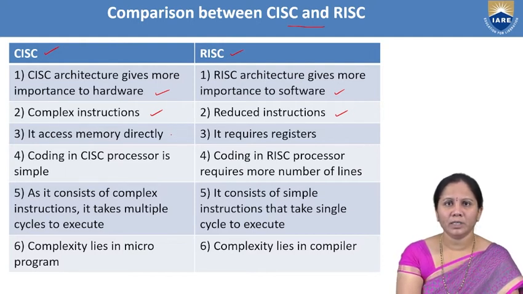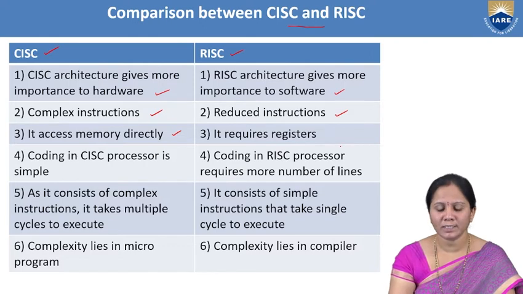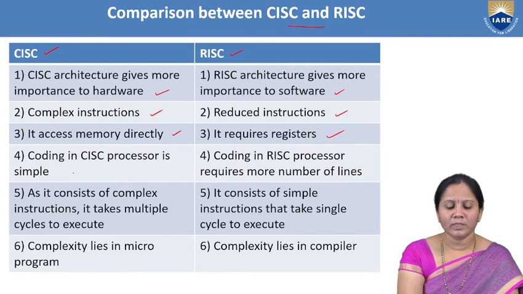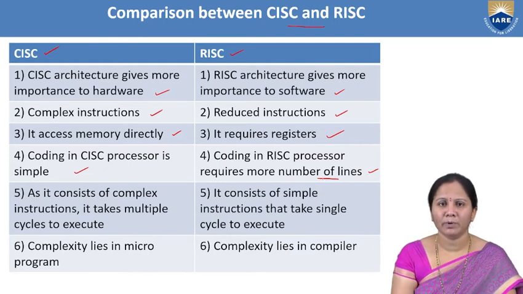In CISC, it accesses memory directly because the number of registers is less, whereas RISC requires general purpose registers. Coding in a CISC processor is simple because direct instructions and operators can be used, whereas coding in a RISC processor requires more lines because the instruction set is very simple.